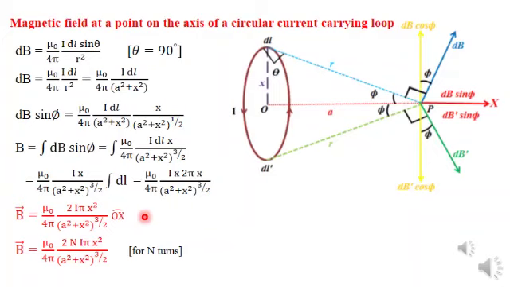This is the magnetic field at a point on the axis of the circular loop due to one turn of the loop. Then the magnetic field due to n turns is the magnetic field due to one turn into the number of turns n, which is B equals mu 0 by 4 pi, 2n i pi x square divided by (a square plus x square) whole raised to 3 by 2.